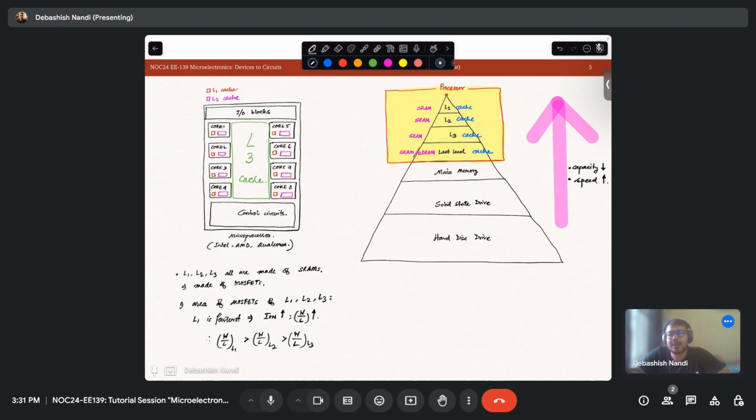Okay, and then what about your main memory? So this block is the YOLO stuff we have discussed.